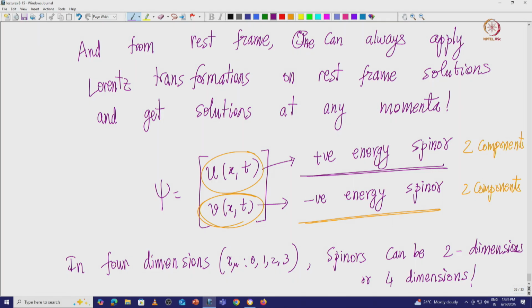When I say spinors, I mean Dirac spinors. I'll explain in more detail in the coming lectures, but spinors are much more generic mathematical objects. What I mean by Dirac spinors here is solution representations of the Lorentz group.